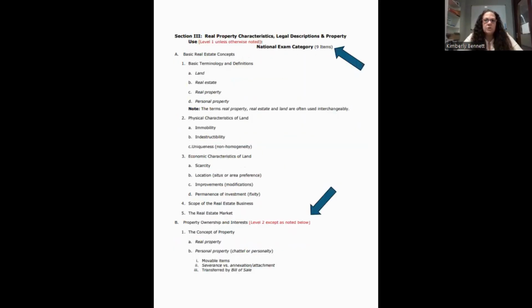Okay, and then I just wanted to show you here. This is section 3, and it also started out as a level 1, and it tells you there are 9 items from this section that would be on the national portion of the exam.